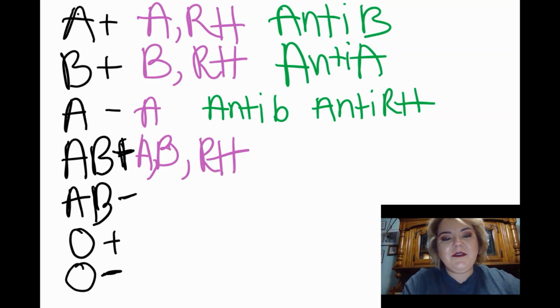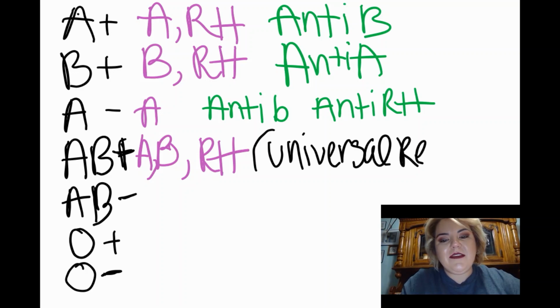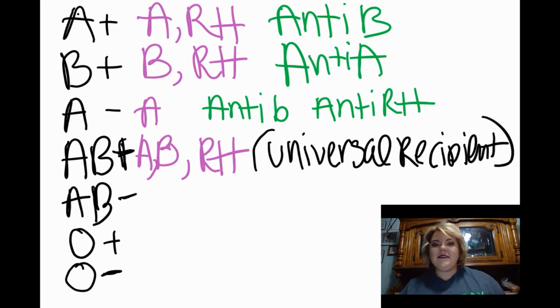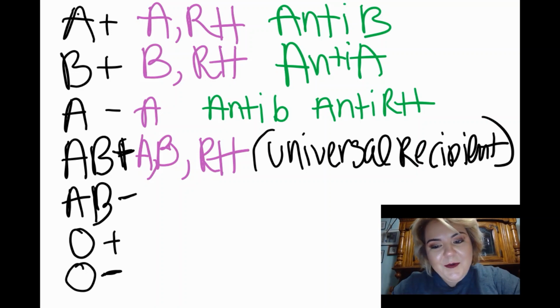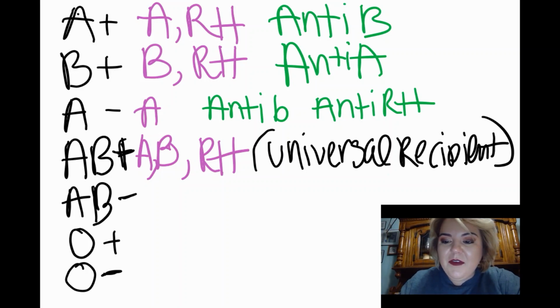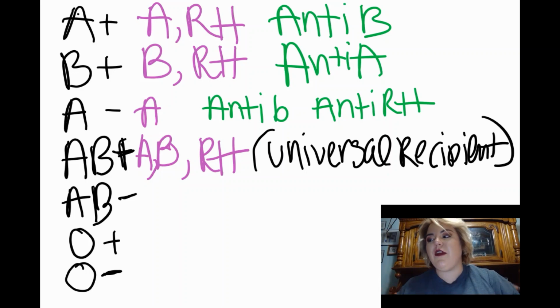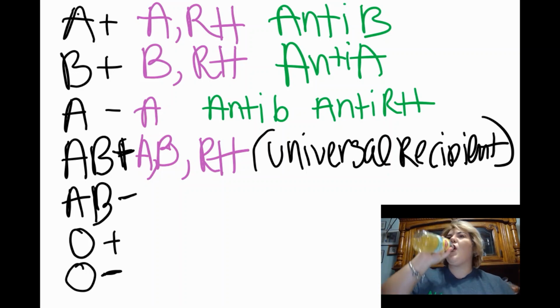This is called the universal recipient, because it can take blood from anyone. So that's a very cool blood to have, because it doesn't matter whose blood they give you, you'll be okay, because you don't have any antibodies that will create that allergic reaction to cause the clotting.